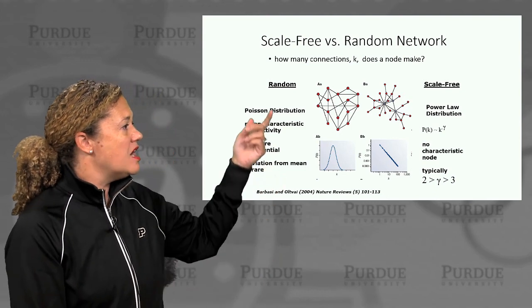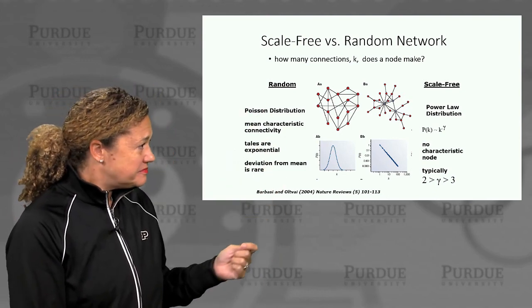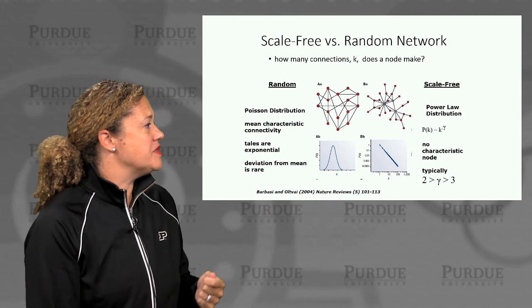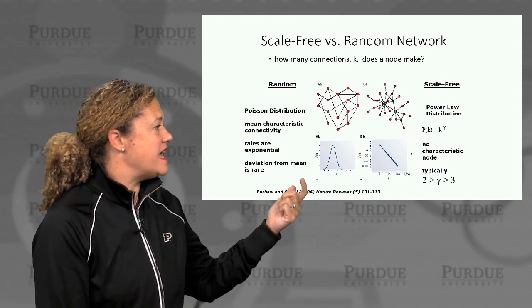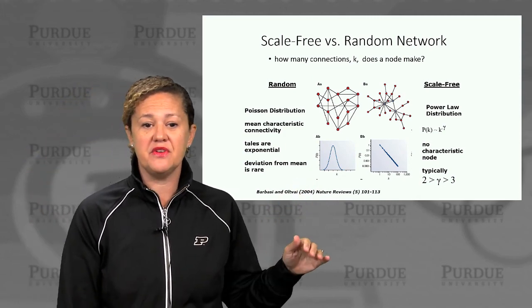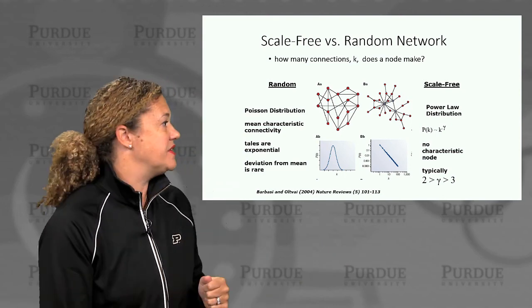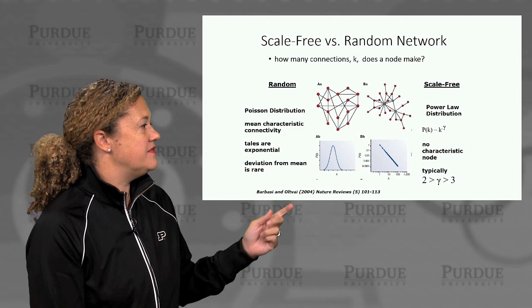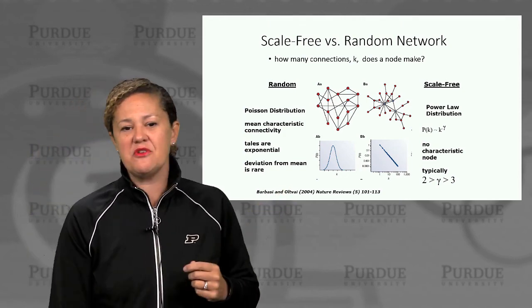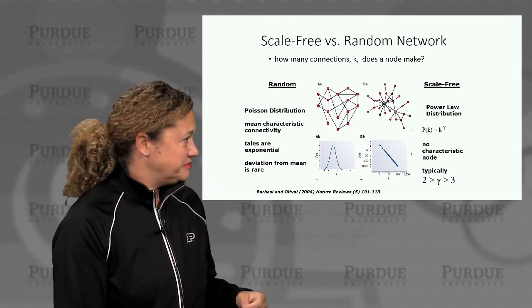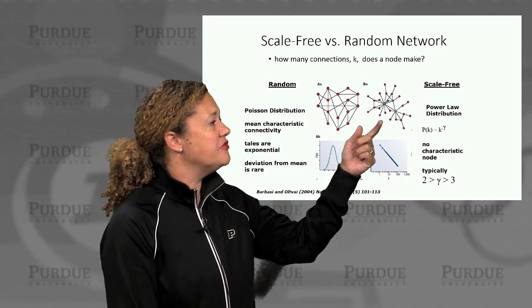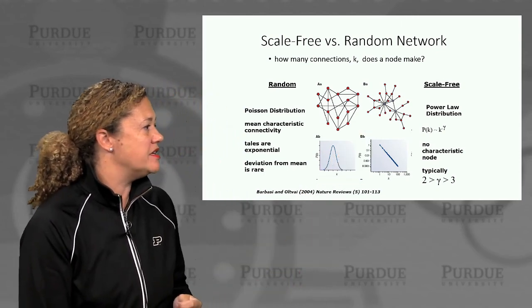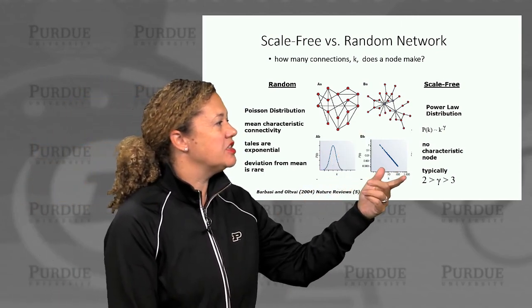So just to compare, a random network connectivity follows a Poisson distribution, which has these exponential tails at the very high and low levels of connectivity. There's a mean characteristic connectivity. So in other words, deviation from the mean becomes rare. Whereas a scale-free network that follows a power law distribution has no characteristic node.